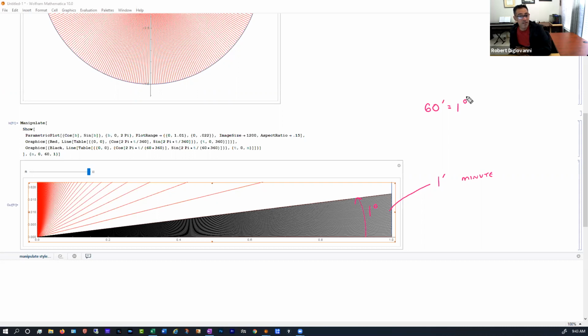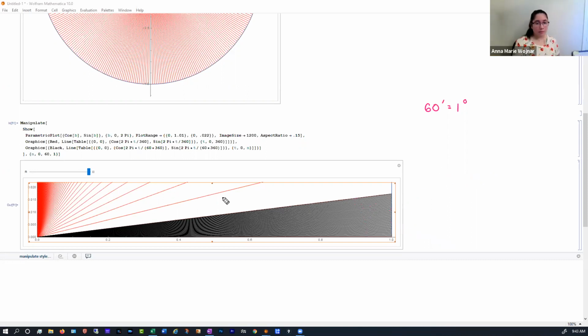Then we can take each of these tiny little guys and break each one of those into 60 more pieces. Now I don't have an animation to show you. So then it'd be like 3,600 seconds. I'm going to write that down here in a moment, but imagine this picture that we're looking at.